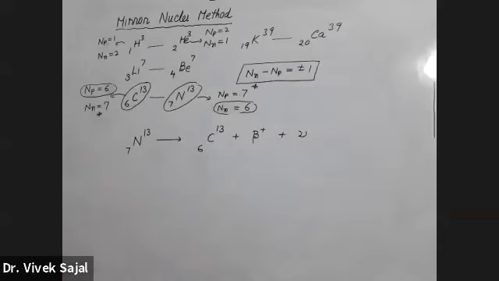So this is the beta process for the 7N13 nuclei. 7N13 is an unstable nuclei. It will decay into 6C13 by emitting beta plus particle plus neutrino.